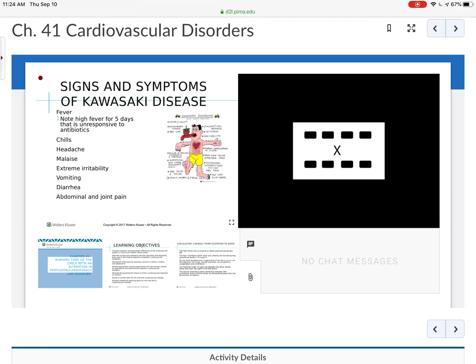And we see it more frequently in Asian and Pacific descent. It could be self-limiting, but it also can cause things like an aneurysm. So treatment really focuses on reducing that inflammation, and then aspirin, and then sometimes they'll give IVIG. Kawasaki disease is on the rarer side, but we have been seeing it lately.